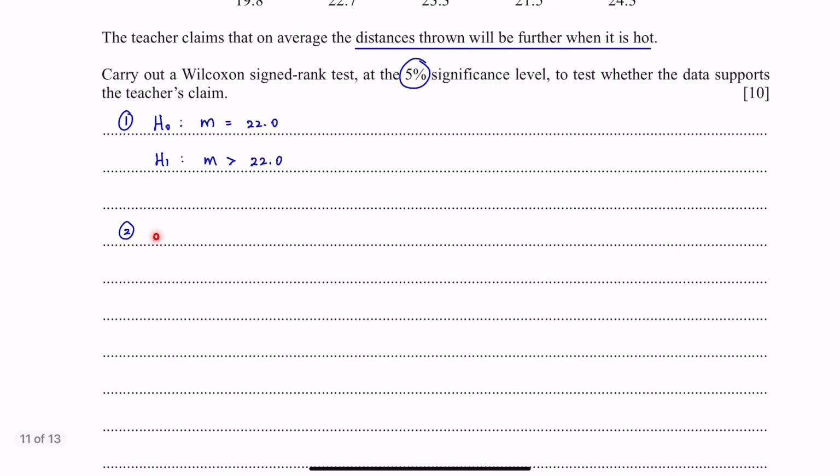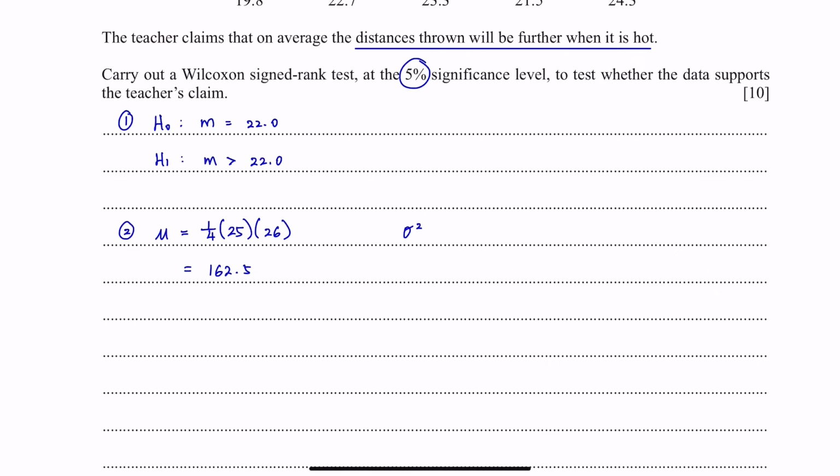So the mean value would be 1 over 4 times n, which is 25, times n plus 1, which is 26. So this would give us 162.5.